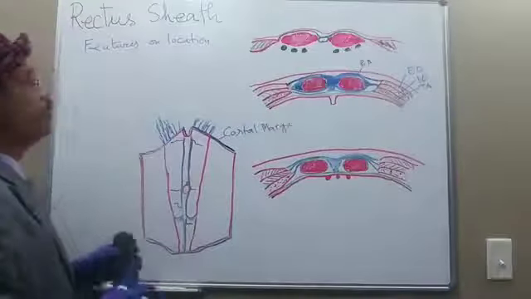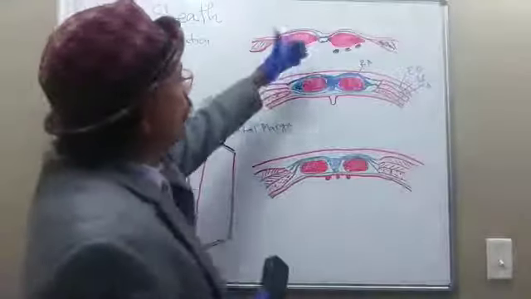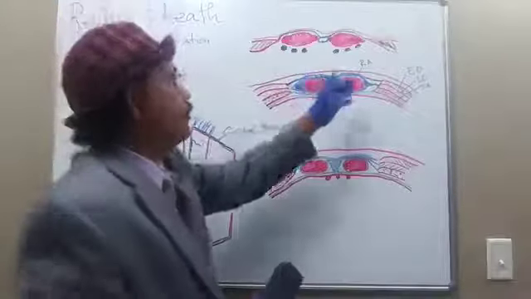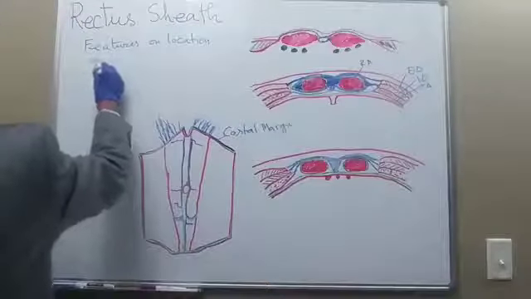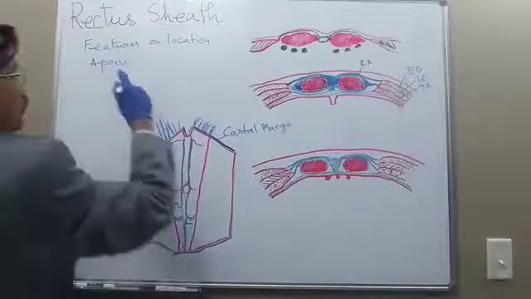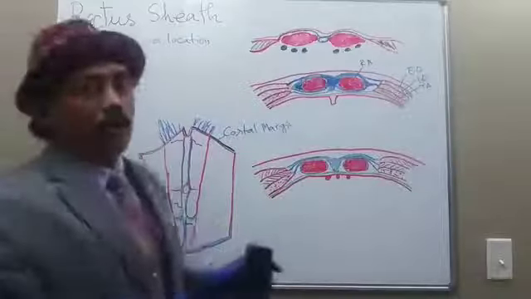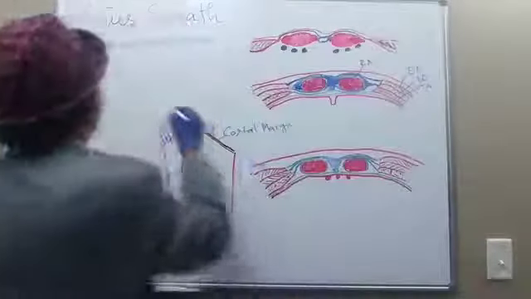So how is the rectus sheath formed anteriorly? The aponeurosis of the external oblique, EO, is present throughout the rectus sheath.